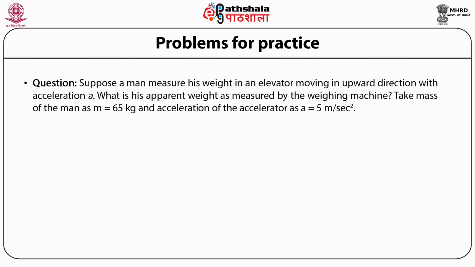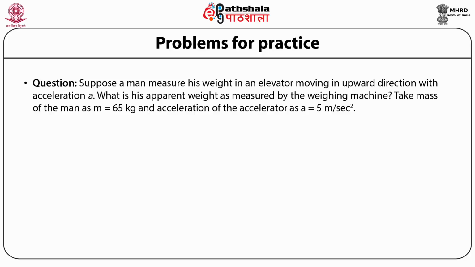In the first question, suppose a man measures his weight in an elevator moving in upward direction with acceleration a. What would be the apparent weight as measured by the weighing machine? Assume the mass of the man as m equals 65 kg and the acceleration of the elevator as a equals 5 meter per second square.